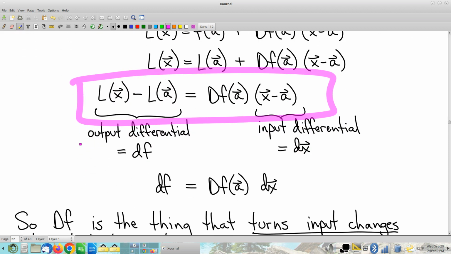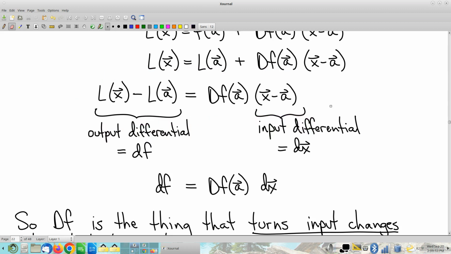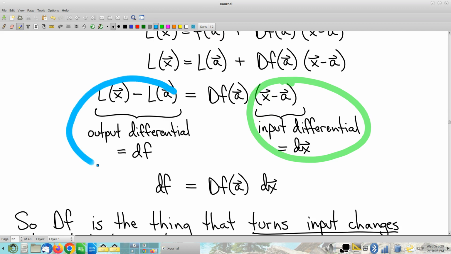And the way we're going to look at it is like this, that this says how much we change the input to the function relates to our linear estimate of the output change of the function by way of that matrix. Right? So said differently, the DF matrix, that's the thing that turns input changes into output changes.